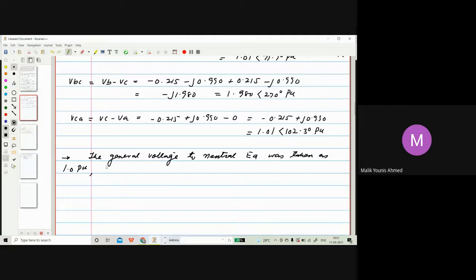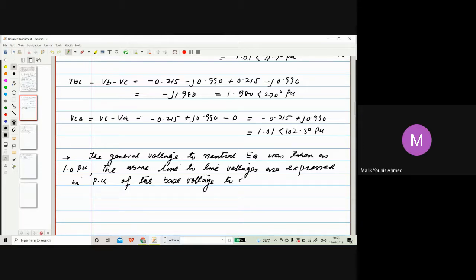So the above line to line voltages are expressed in per unit of the base voltages. What are the base voltages? Base voltages are with respect to neutral. That means base voltage is a phase value.